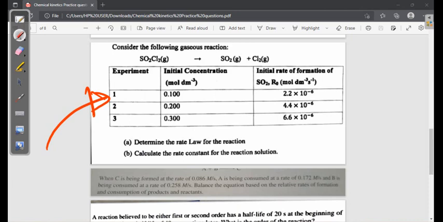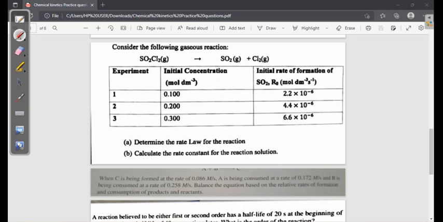So what are we supposed to do? Is there anything different, or is it just the same? There is something different. The only difference is that we don't have the other concept. We just have a single reactant. So there'll be no need for you to try to find a case where it's going to be constant.